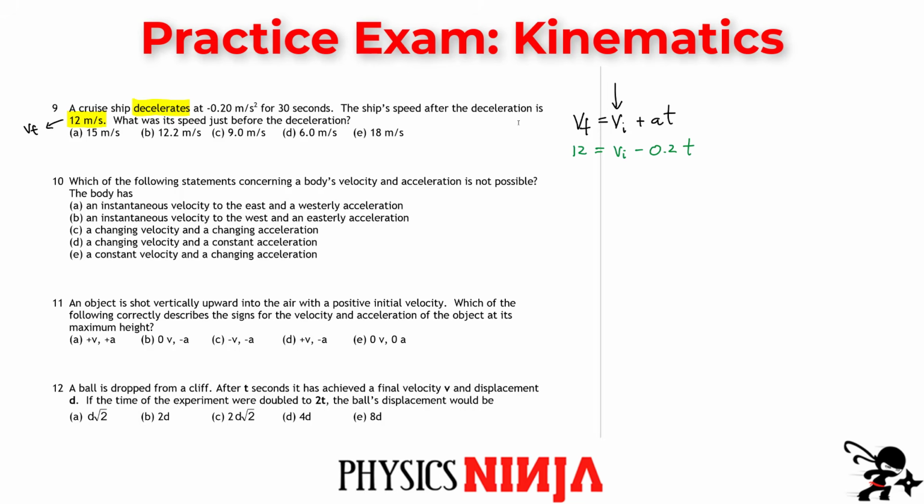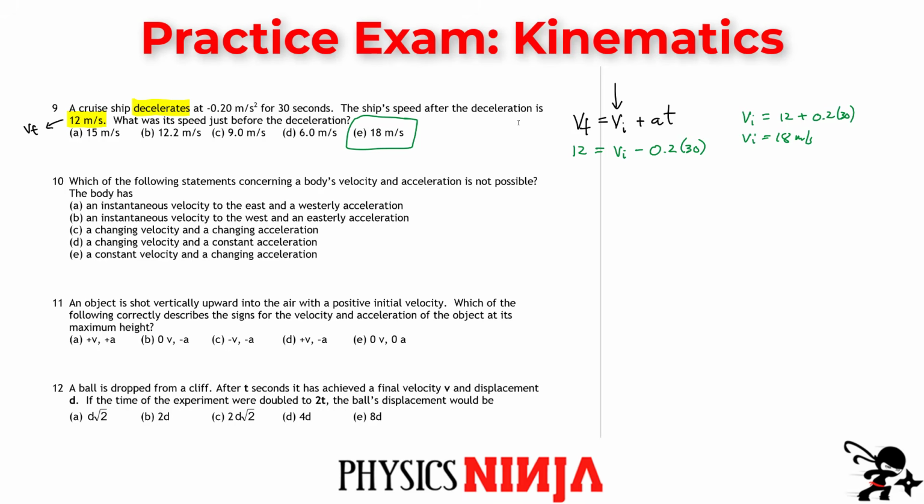Let's substitute the time in right away, which is 30 seconds. You have to bring this term to the other side. We're going to get v initial is 12 plus 0.2 multiplied by 30. 0.2 multiplied by 30 is 6, so this should be 18 meters per second is my initial velocity. So the correct answer for number 9 should be choice E.